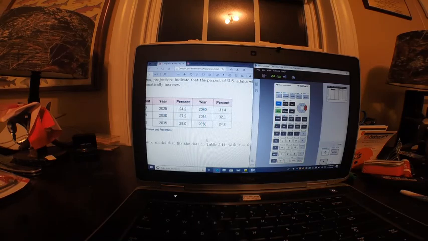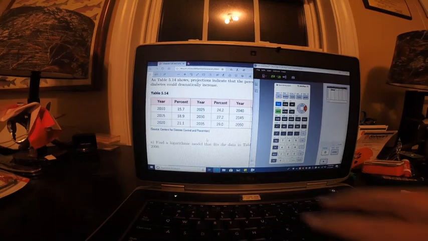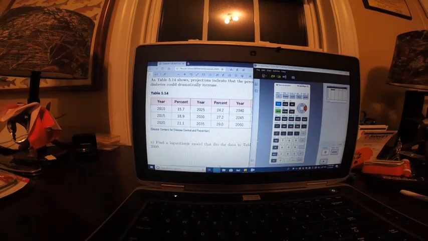Now we're going to type in our y values. So each y value needs to go with this concurrent x value. So 15.7, 18.9, 21.1.